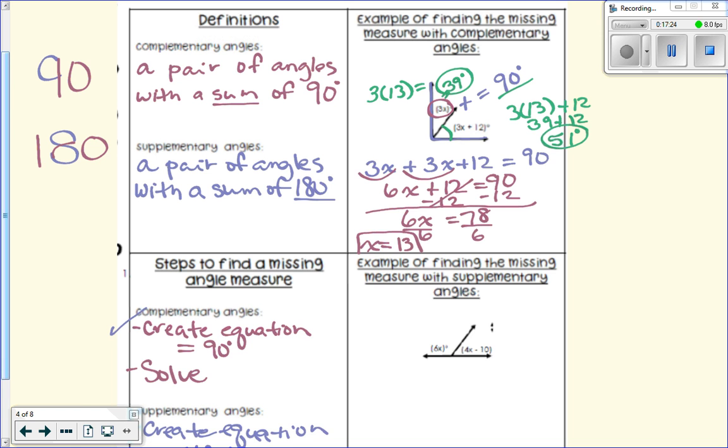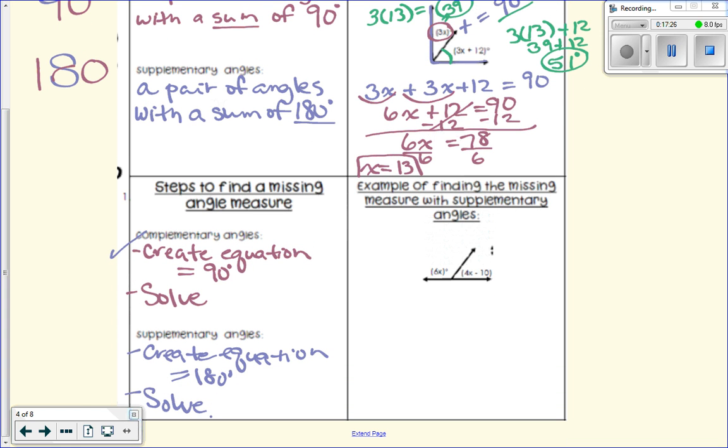All right, let's look at our example of supplementary angles. It's any pair of angles that add up to equal what? 180. Good. And what do you notice here? They both lie on a straight angle. Okay, so our first step is to create our equation, which is 6x plus 4x minus 10 equals 180.